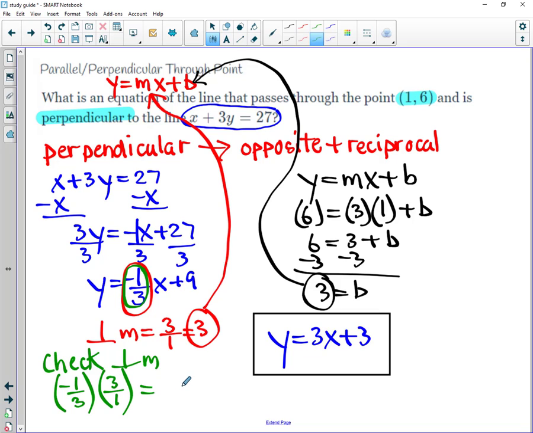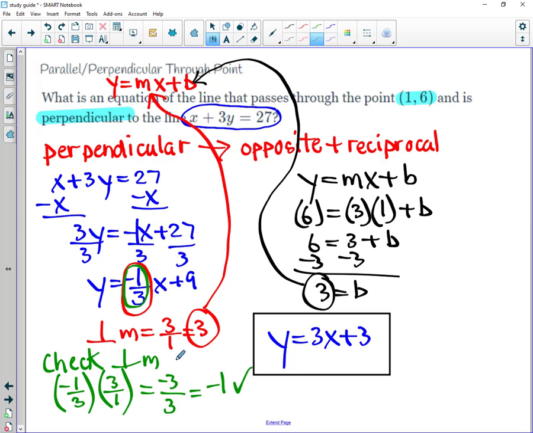When you multiply them and you get -1, you did it correct. So watch this: -1/3 times 3/1 would first give me -3 over positive 3. And then notice -3 divided by positive 3 is -1. So when we get -1 when we multiply our slopes, that confirms that we got the correct slope.